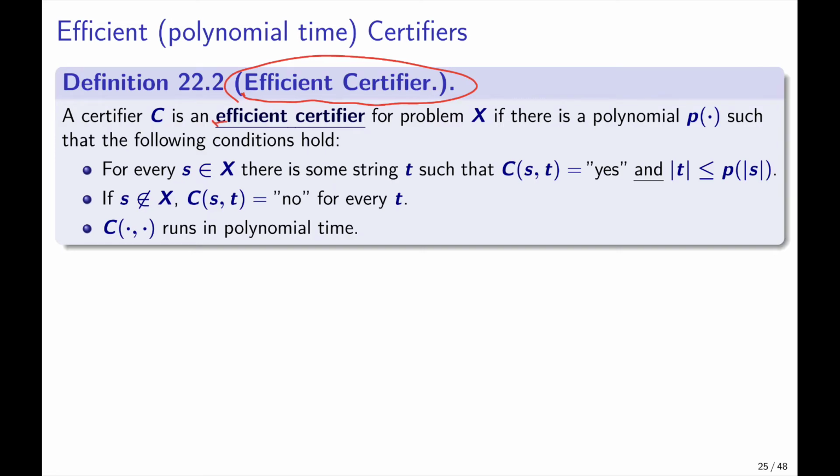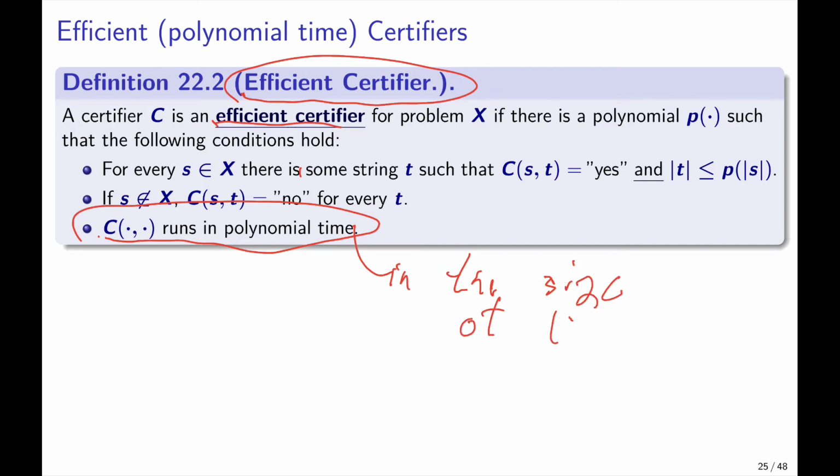So it's an efficient certifier if it has the same properties as before, and the requirement now is that the running time of the certifier is polynomial in the size of the original input, the size of S. So we are not allowing certificates that are exponentially long. This is very important.